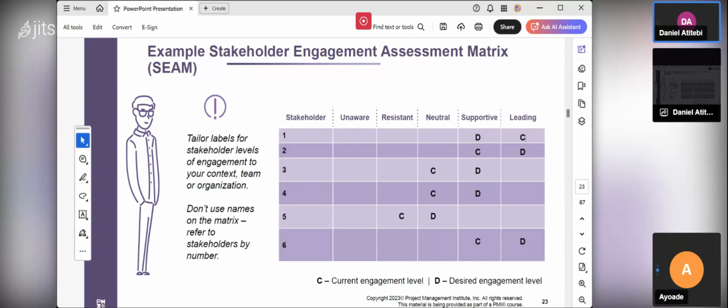Okay. So what I was saying is that here I could see that this chart is only telling us the relationship of a stakeholder to our project, to guide how we need to relate with them, and see the kind of intervention we need to do to either change their state if necessary.